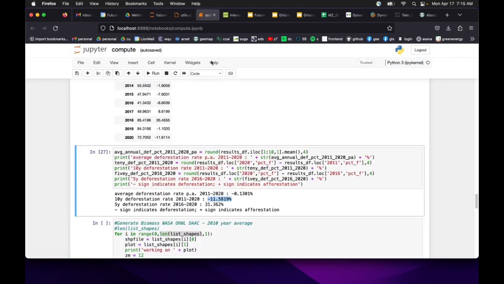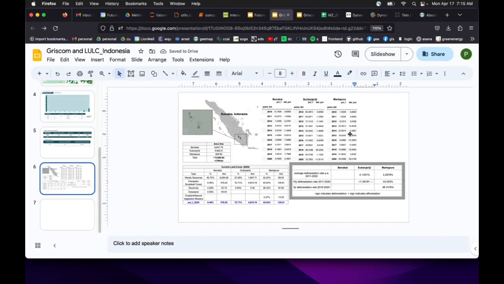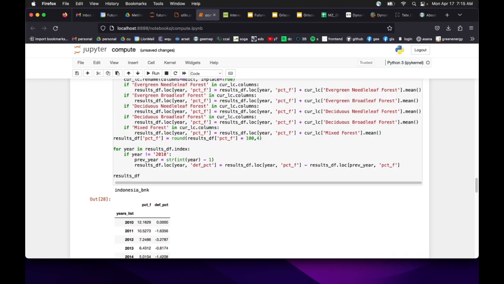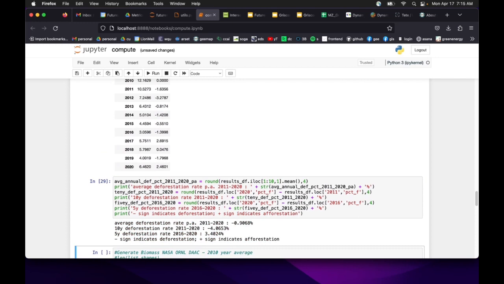Sorry, negative sign is deforestation. So where you saw positives, you're actually looking at afforestation. Just going to run that for Banakat for these numbers.